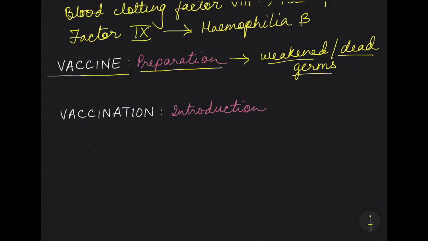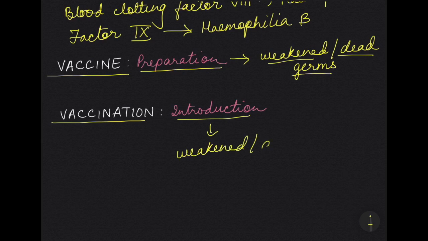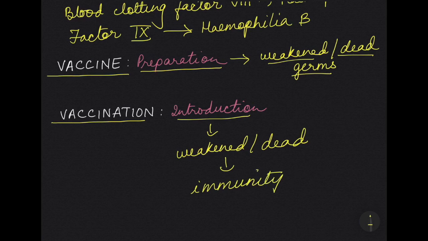And later, if you get this disease, your body will be ready to fight against the disease. So when we talk about vaccination, we are talking about introduction of weakened or dead germs into the body for developing resistance or immunity against the future attack of the disease.